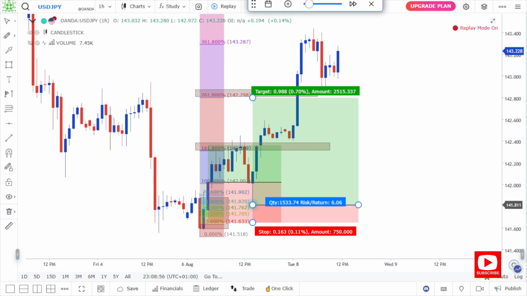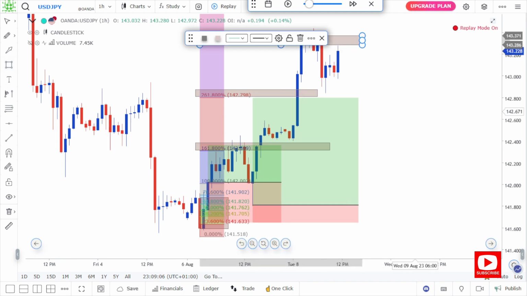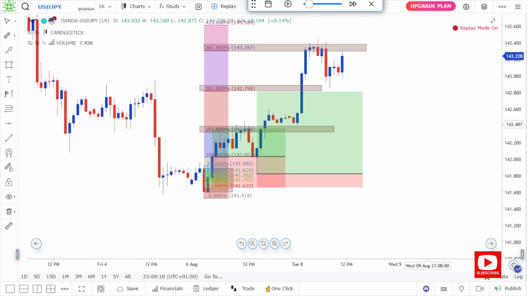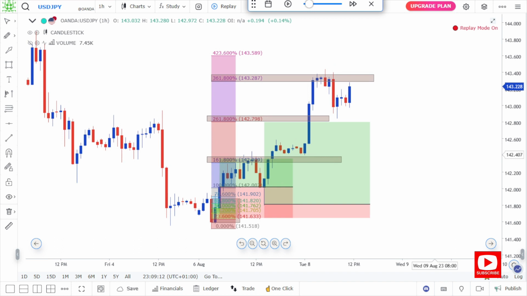As we can see, the target was touched as well, but we didn't really pay attention to that side. So guys, we can see that price changed direction once this bullish dominant candle break appeared.